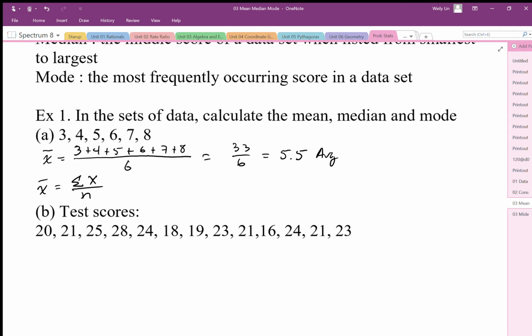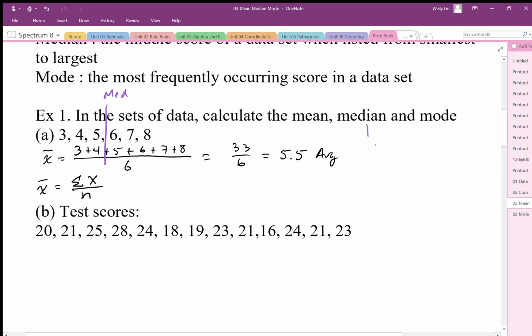The median is going to be the middle score. The best way to find the median is to line them all up and find the middle. In this case, the median is right in between two scores. To find the median of an even data set, we usually just take the average.